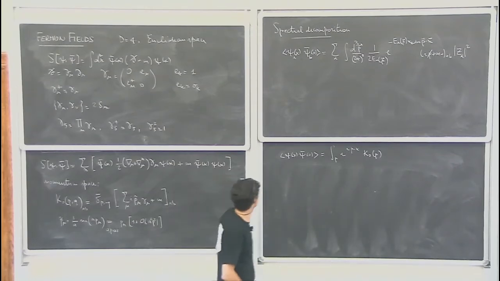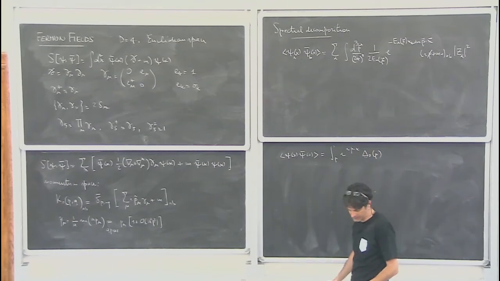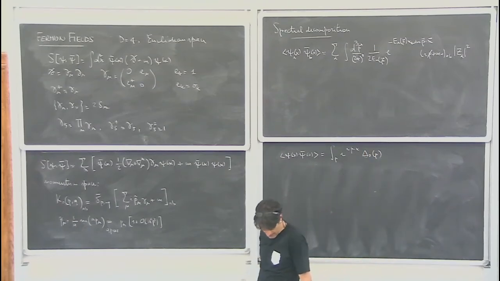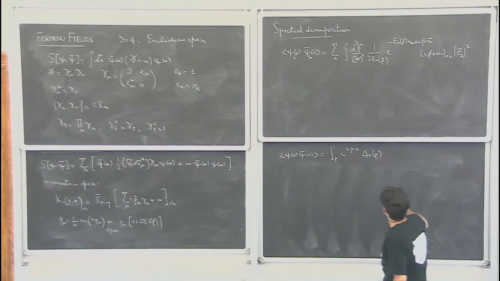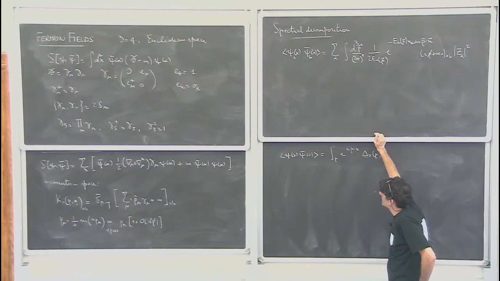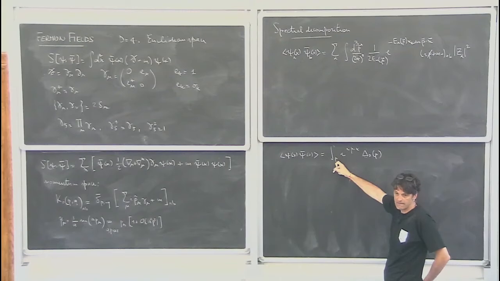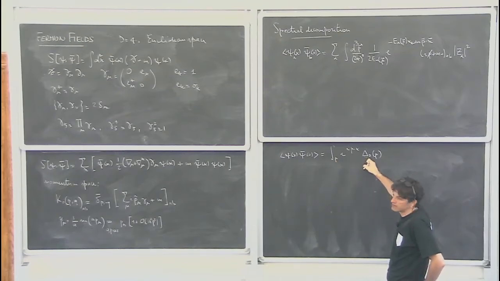Okay, so the propagator in momentum space, which is the inverse of the kernel. Now, if you remember the computation that we did for the scalar, we isolated the integration over P4, and then we looked at the poles of the propagator in the complex P4 plane.